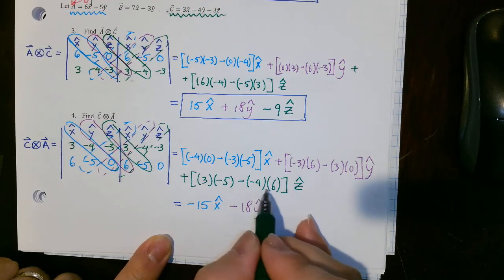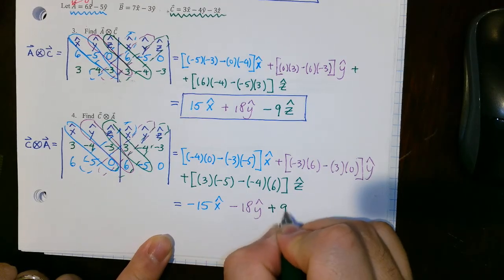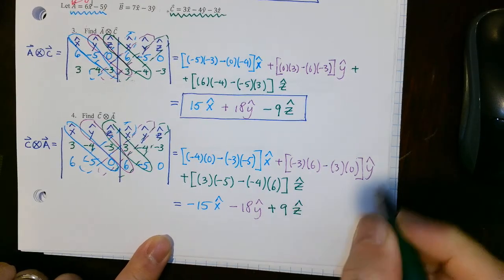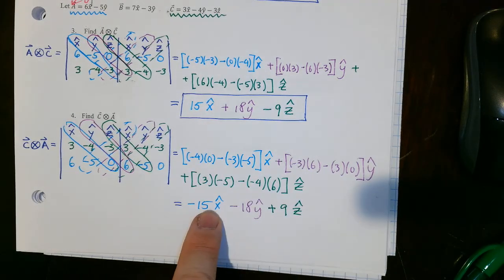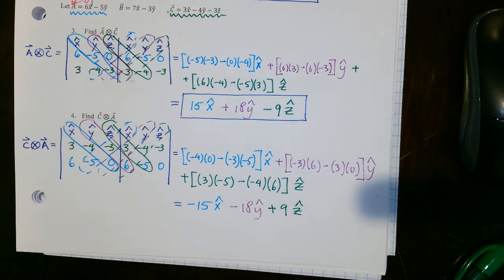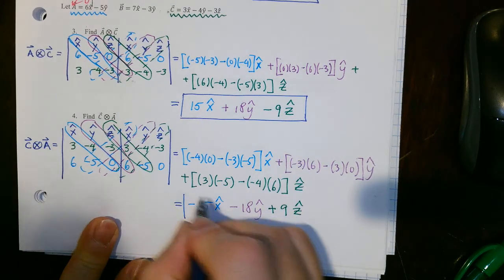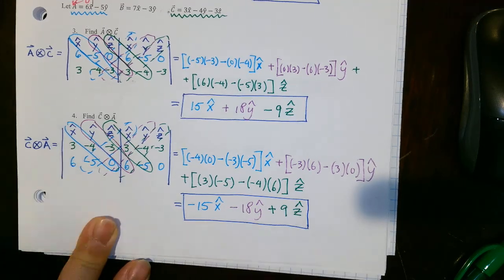Because minus negative 24 plus 24 becomes plus 9z. Wow, look at that. It's the exact opposite of my A cross C. Boom.